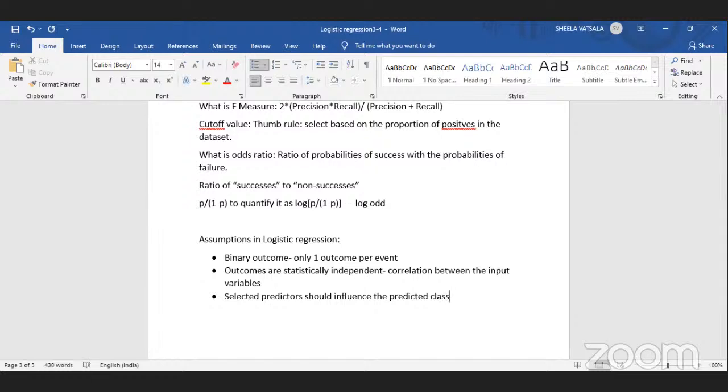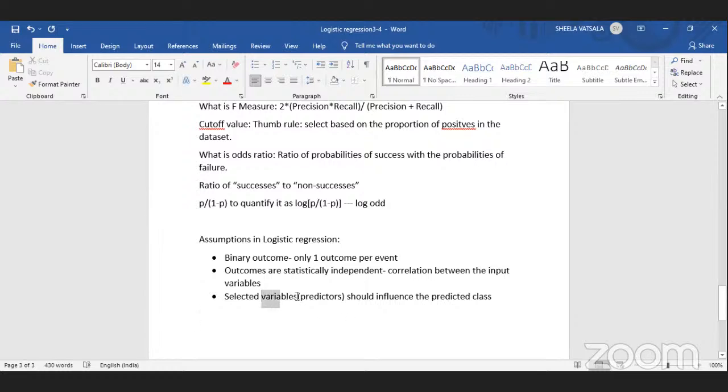So if there is no influence of a specific variable, I would rather mention it as variables just to avoid confusion. So there are these synonyms, right? Variables or predictors, attributes, features, all of these are the same.